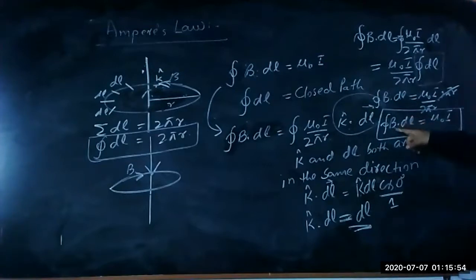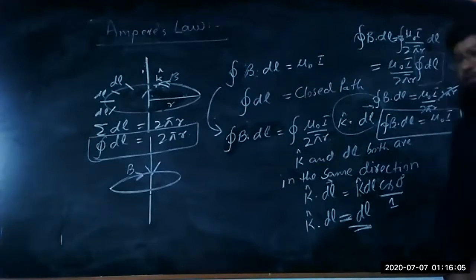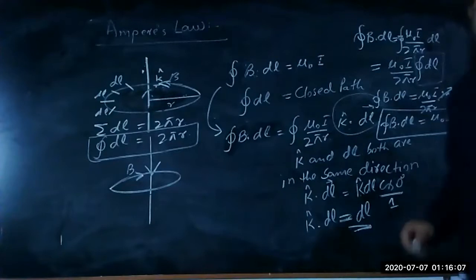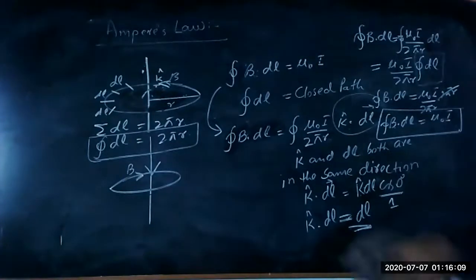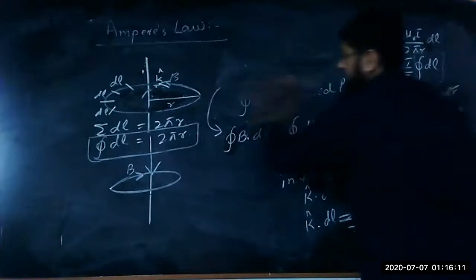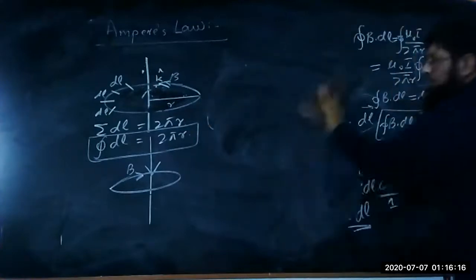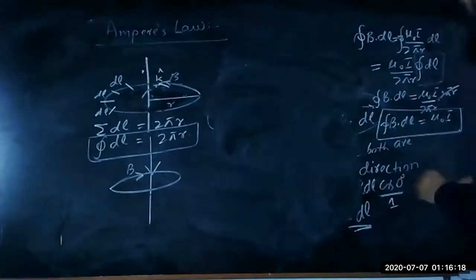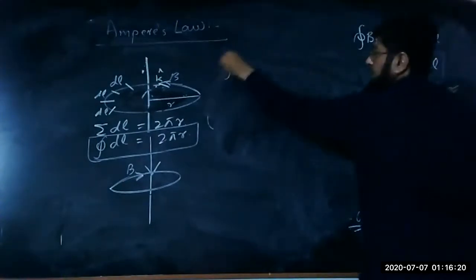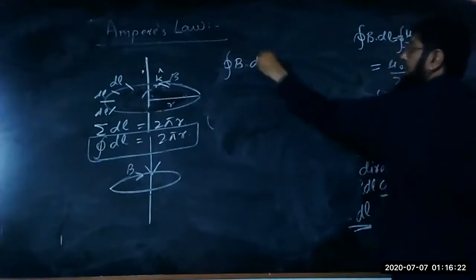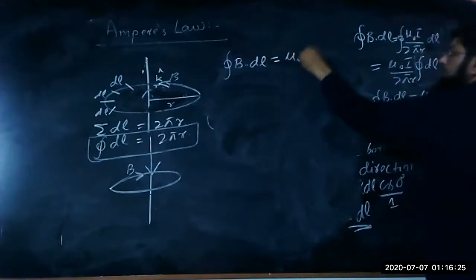The line integral of the magnetic field around a closed path is equal to mu naught times the current. This can be written as B dot dl is equal to mu naught I, which we have proved.